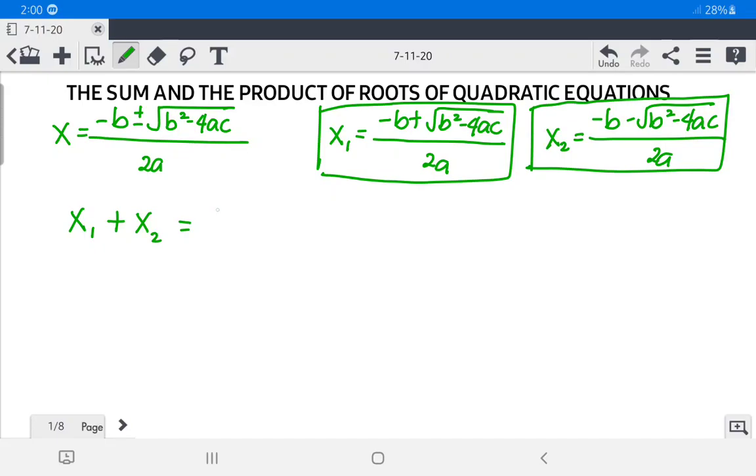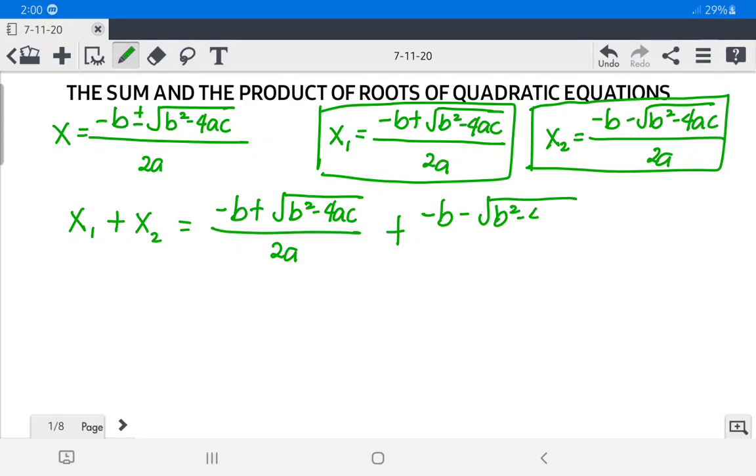We have negative b plus square root of b squared minus 4ac over 2a, then plus x of 2, which is this one, right? We have negative b minus square root of b squared minus 4ac over 2a.